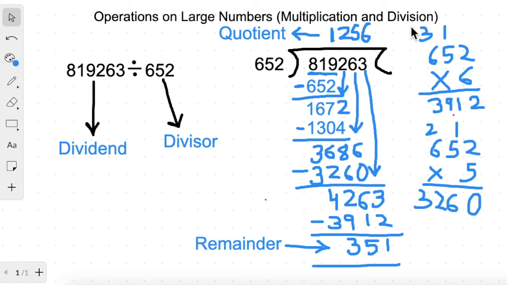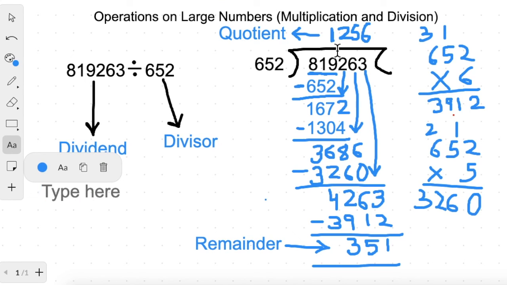Now, let me just ask you a question. Children, do you know how we can verify our answer in division? Yes, what we can do is we can multiply quotient and divisor. I just write it down here.